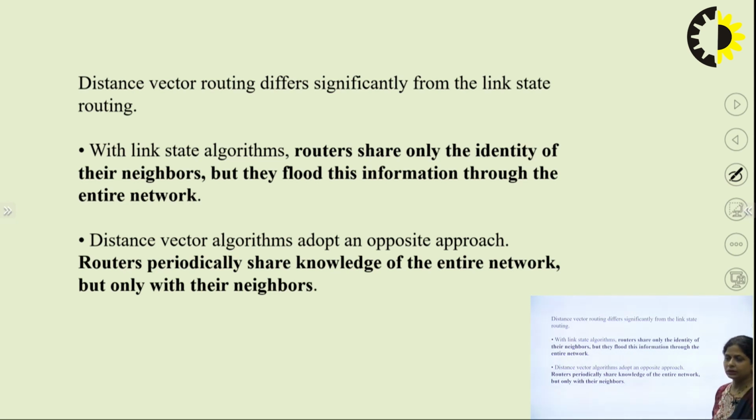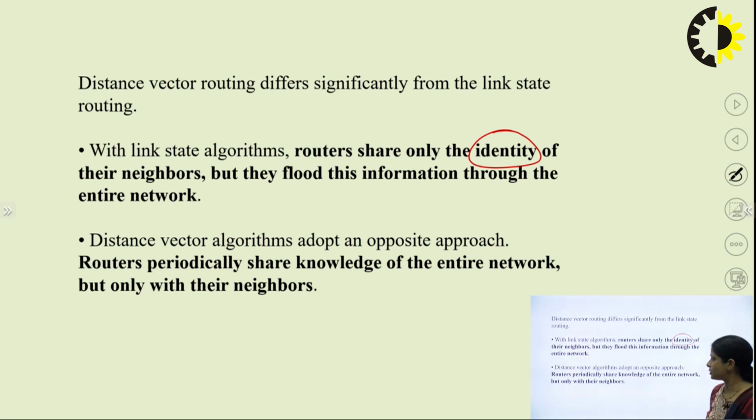What is the difference between the distance vector routing algorithm and the link state routing algorithm? We see that with the link state routing algorithm, routers share only the identity of their neighbors, but they flood this information through the entire network, right?